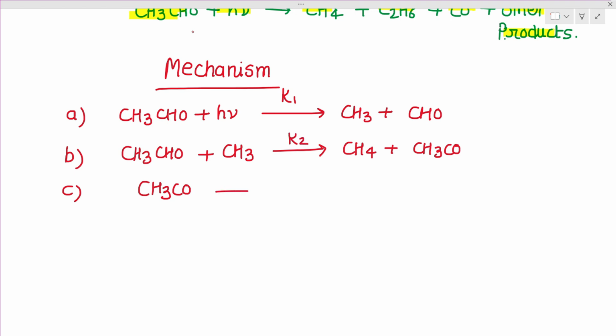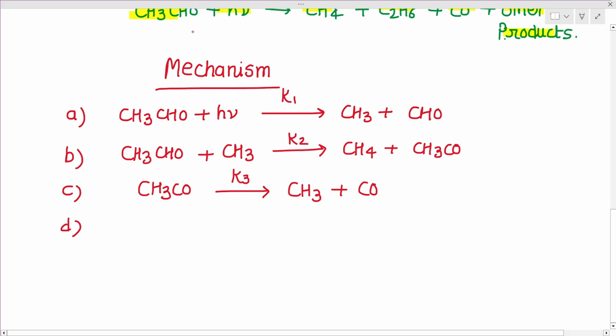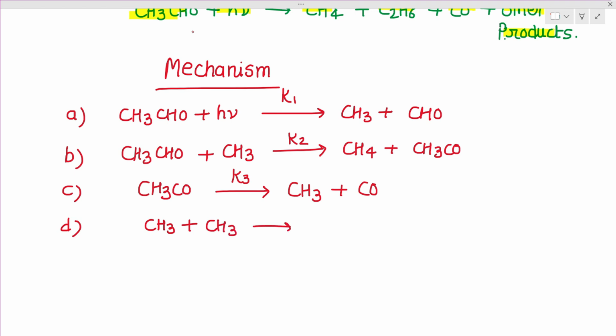Now in the third step, CH3CO dissociates and forms CH3 plus CO. The rate constant here is K3. In the next step, this CH3 reacts with another CH3 and forms C2H6.